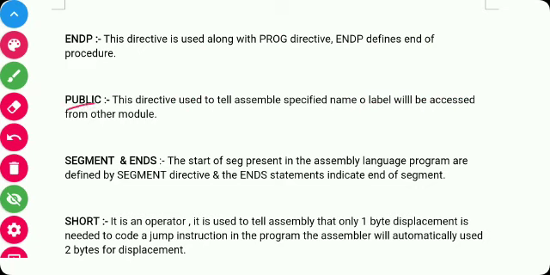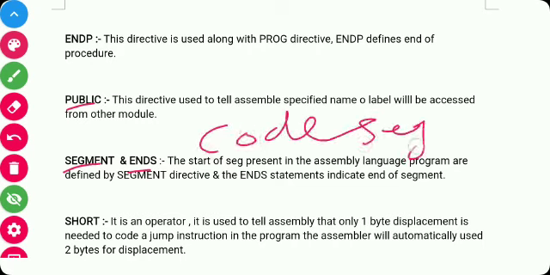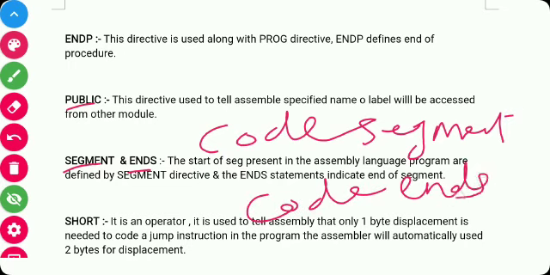SEGMENT and ENDS. If you want to define a segment, the SEGMENT directive is used, and ENDS defines the end of that segment. For example, CODE SEGMENT defines the code segment, and at the end of this segment we write CODE ENDS.